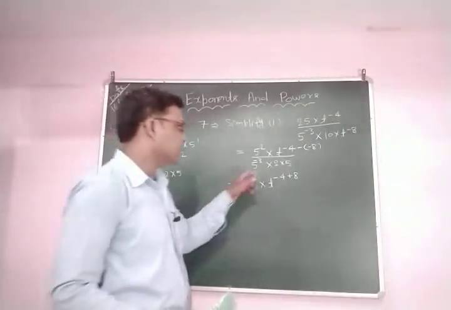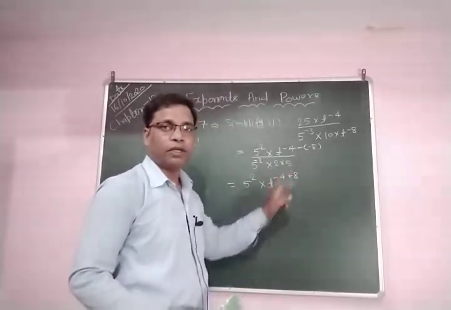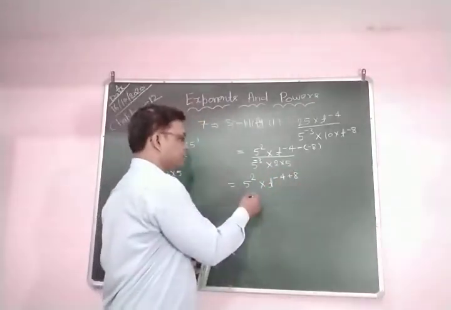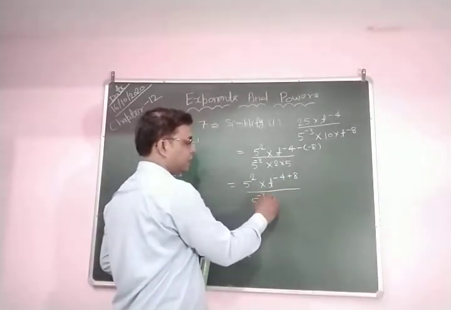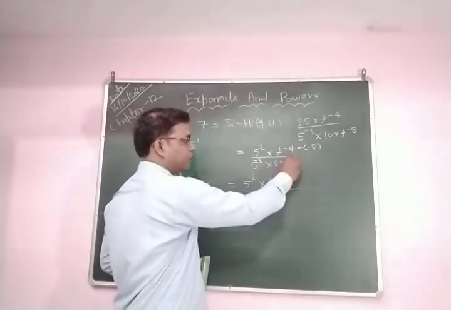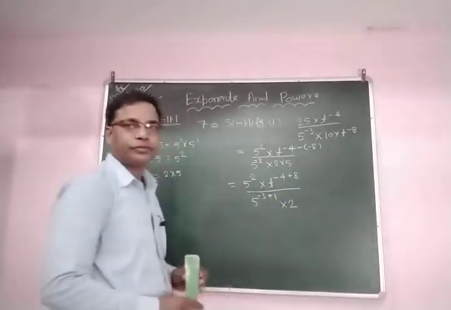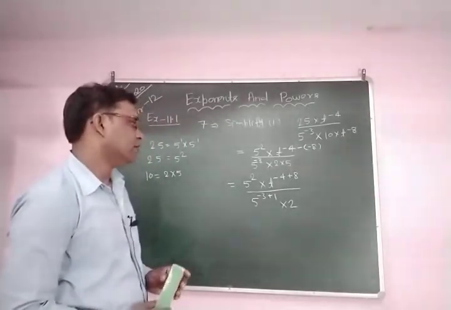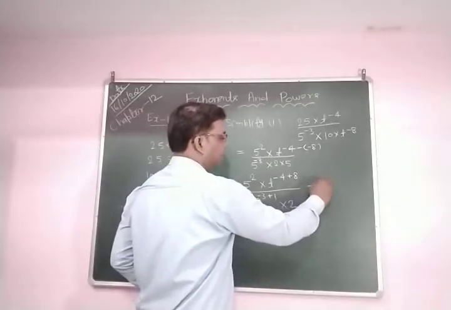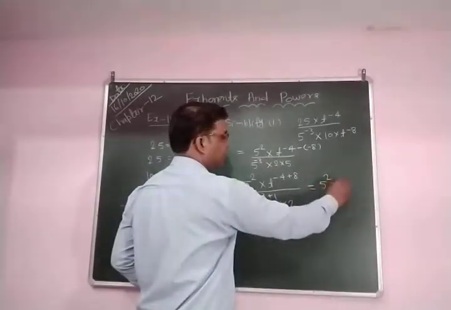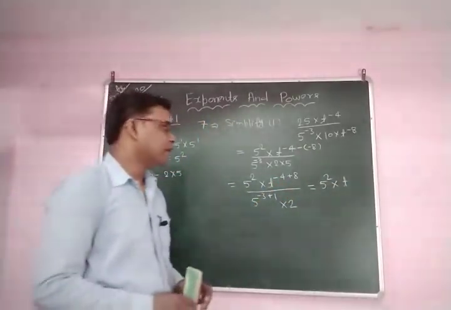Now here you can see 5 power minus 3. Here 5 is nothing but 5 power 1. So you can write here 5 power minus 3 plus 1, because here 5 power 1 into 2. This is clear. Now if you simplify this, you obtain 5 power 2, as it is, into t power minus 4 plus 8.